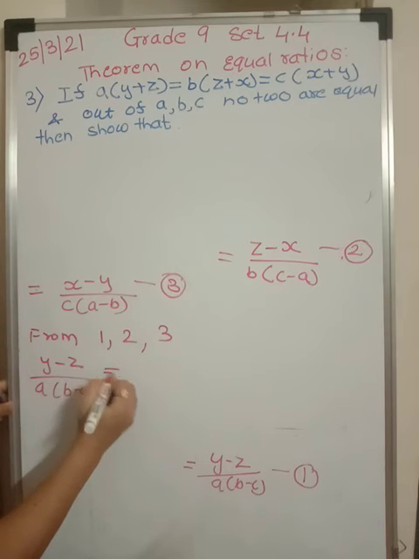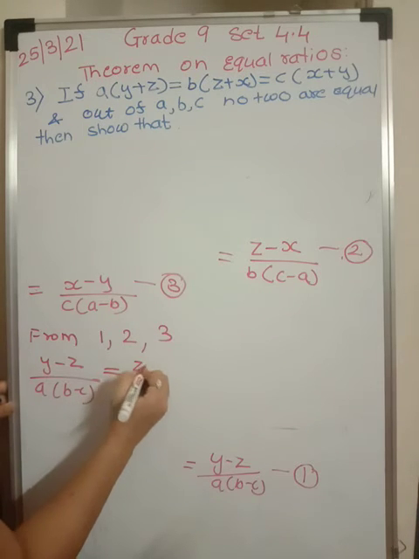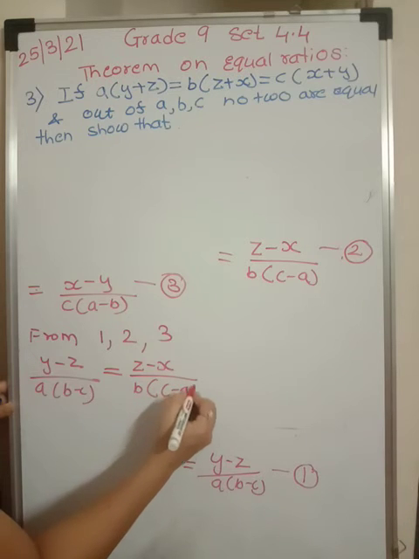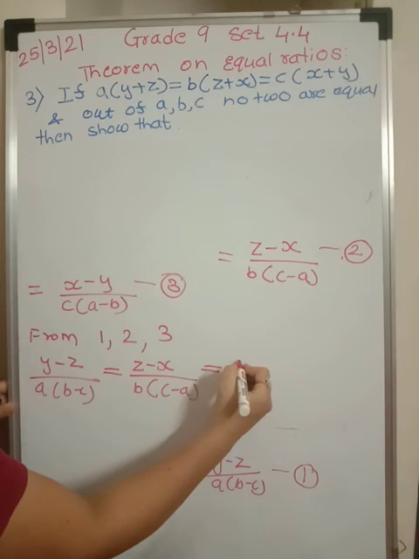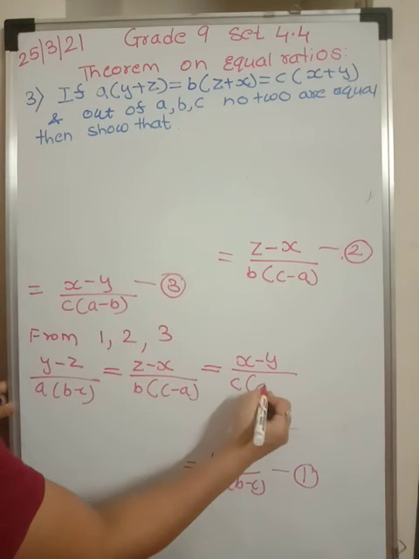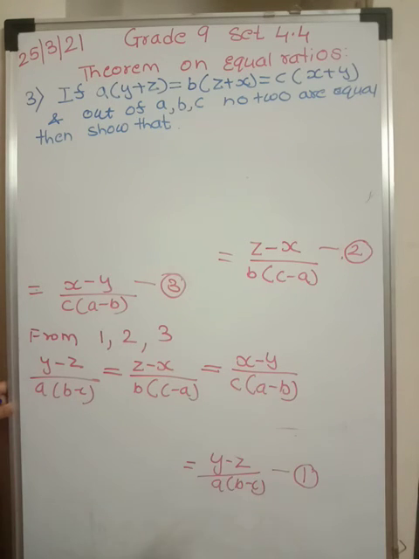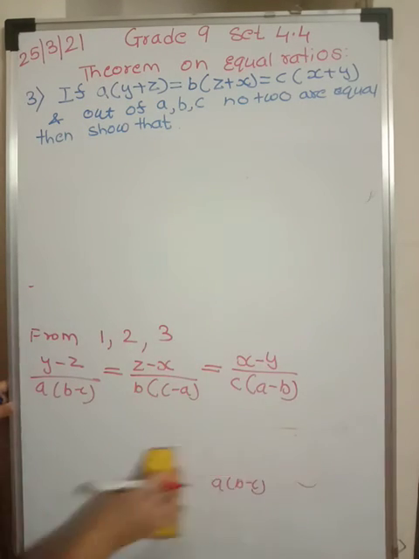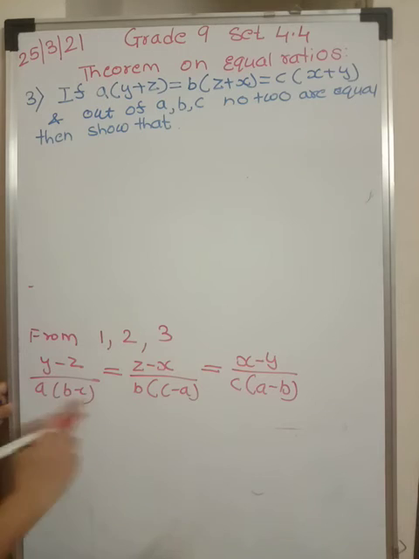This is 1. Is also equal to z minus x upon b into c minus a, which is also equal to x minus y upon c into a minus b. This is what we want to prove. Now I am using this 1, 2 and 3. Okay, so this is what you wanted to prove.